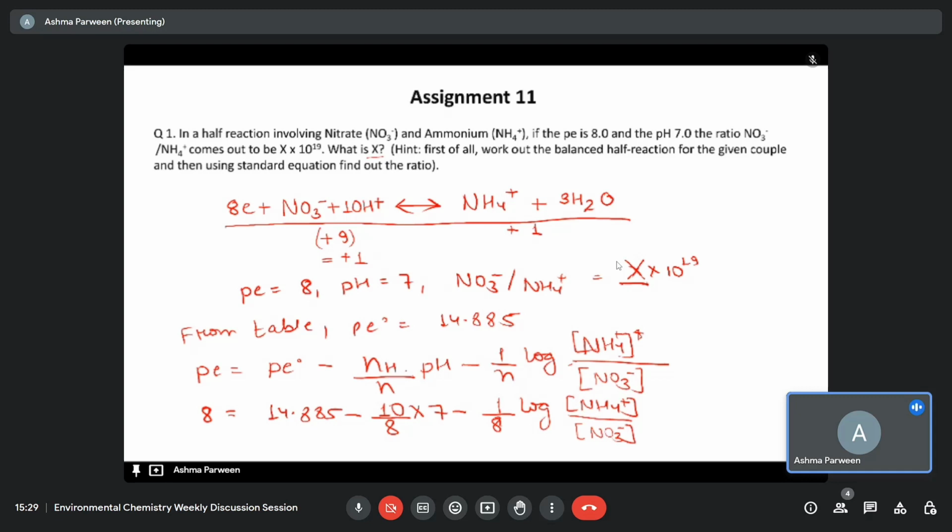So the approximate value we are getting is 5.7 into 10 raised to power 19.